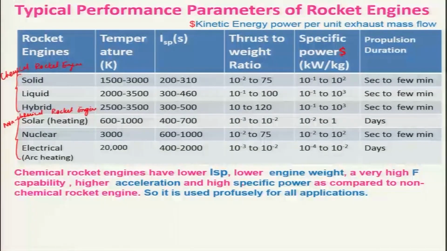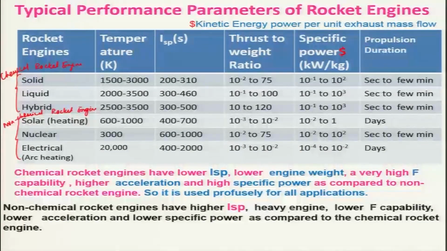As I told, the thrust will be higher, and so the acceleration will be there, and high specific power as compared to the non-chemical rocket. So it is used profusely for all applications, including space. However, due to the heavier engine, lower thrust capability, lower acceleration and lower specific powers, non-chemical rockets may have higher ISP, but their application is restricted to space applications.